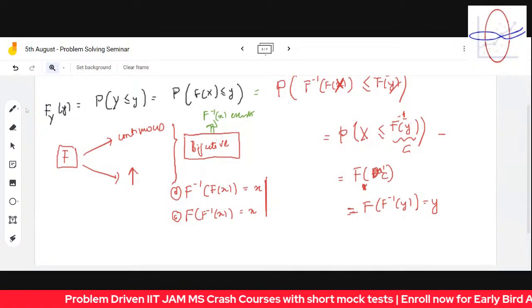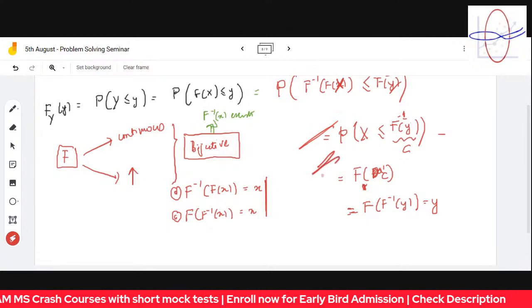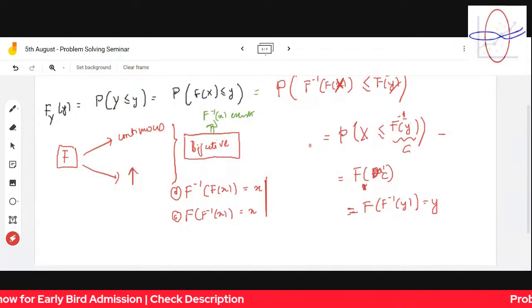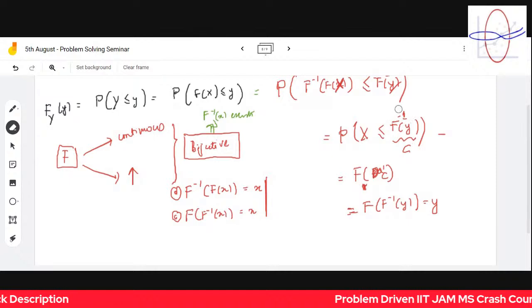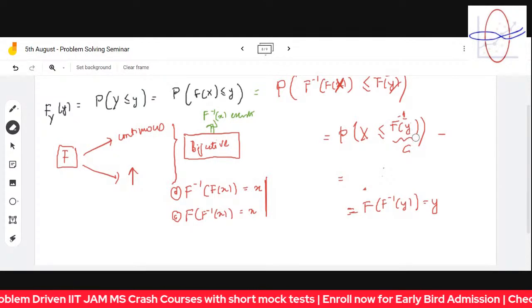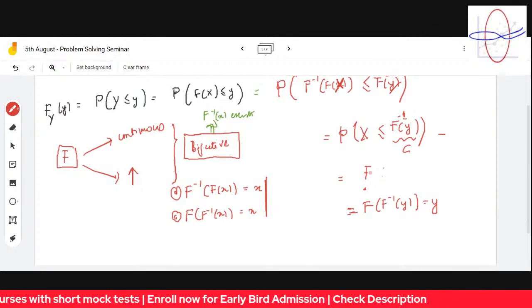Second last step, which portion? When we substituted f inverse of y as C, this is what we have defined as C. So now what? This is probability x less than or equal to C. That is exactly capital F, the distribution function of x.